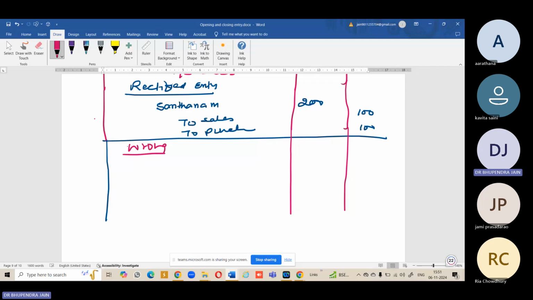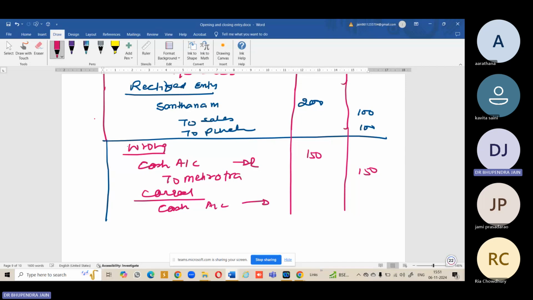So write down the wrong entry first. Cash account debit to Mehrotra. The correct entry will be cash account debit to Malhotra.